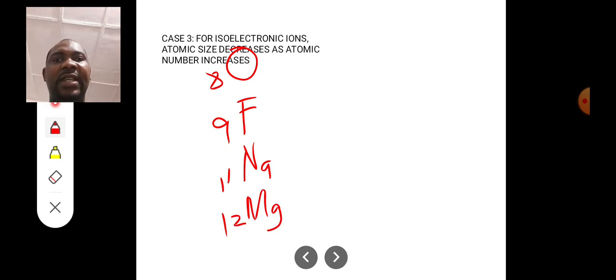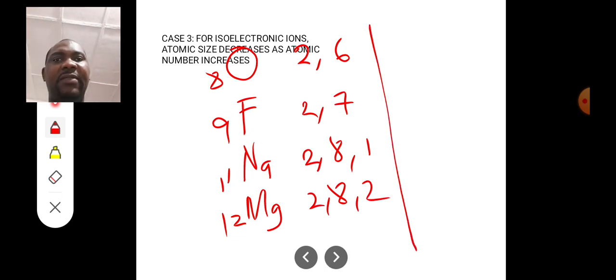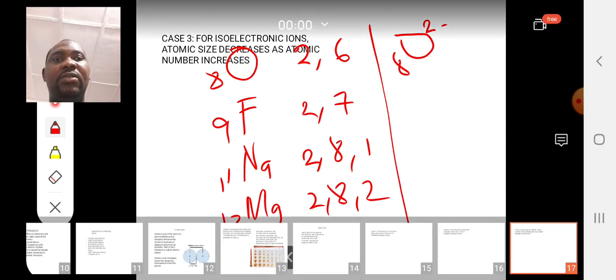Now, if I should write their configurations, here is 2, 6. Here is 2, 7. Here is 2, 8, 1. Here is 2, 8, 2. But if I want to write for their ions, for example, the oxygen ion O2- means it has gained 2 electrons.